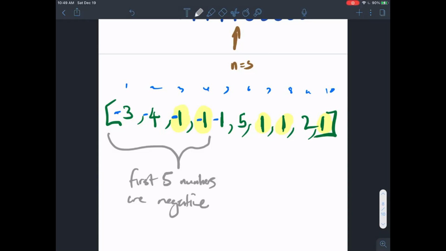For example, why did 4 change? Why did this one change its sign? Because there was this number. So you just identify the number, and then you change the sign of what? The number at that index.